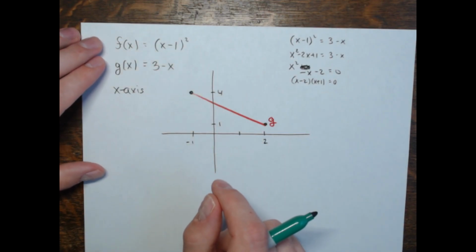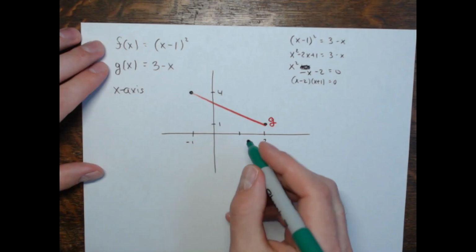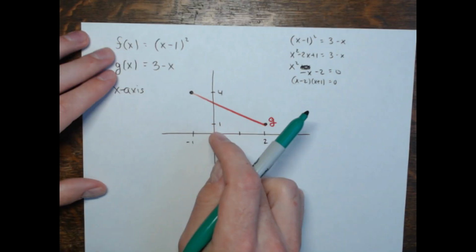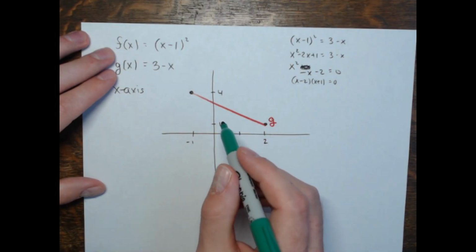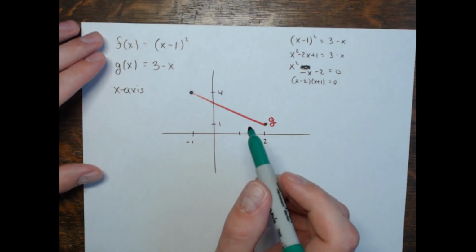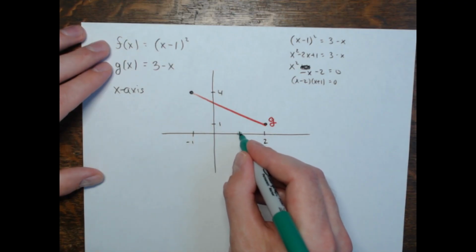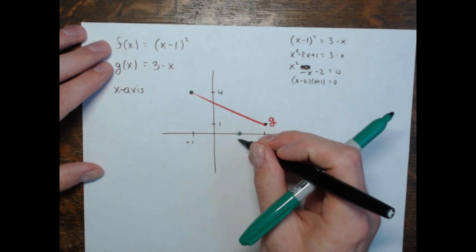F is a parabola, right? It's just y equals x squared, but move to the left one. Oh, sorry, move to the right one. So 1, 0 is the vertex for that.